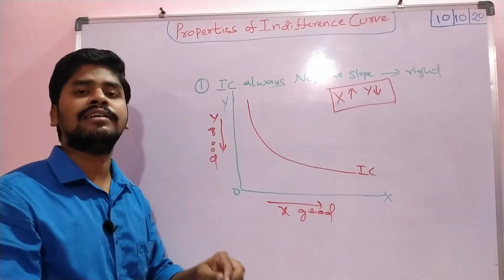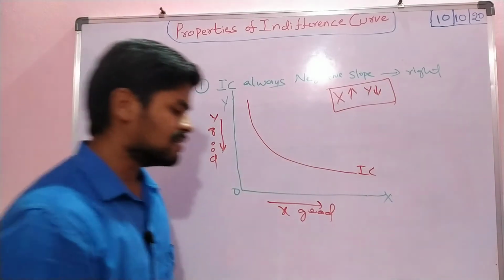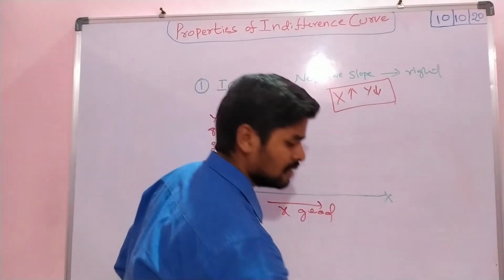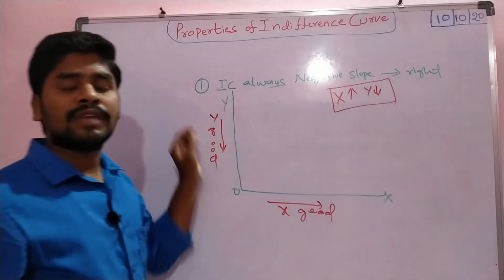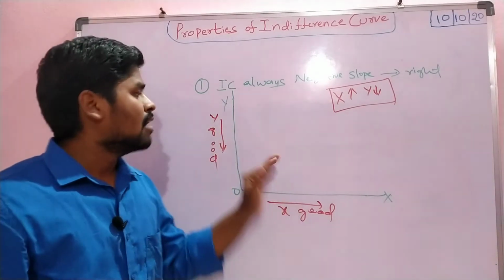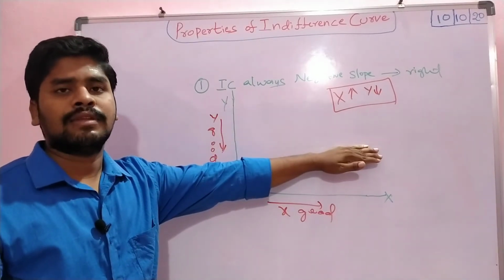That is the reason why the slope of the indifference curve is negative. In this property 1, we are going to understand one more point: an indifference curve is never horizontal. Why?